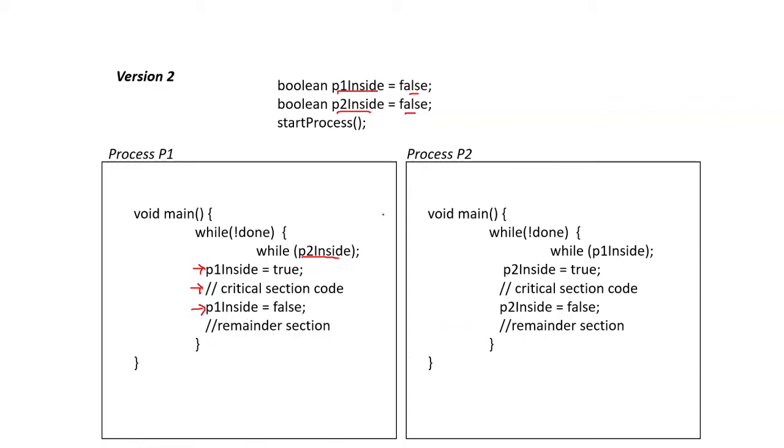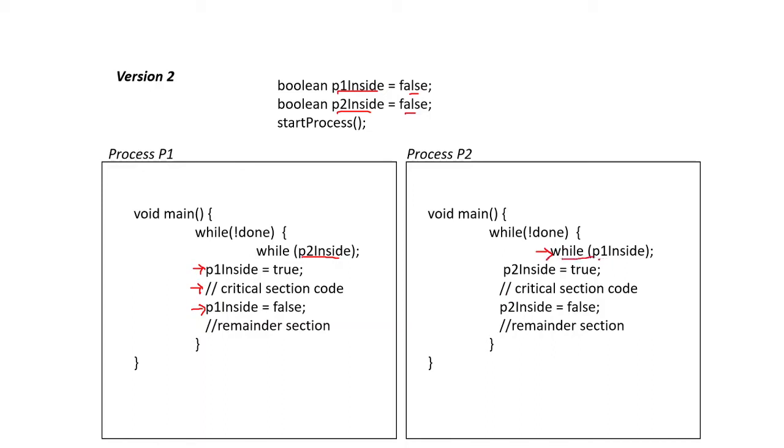Now, for example, if P2 is the first process to enter into the system. Again we consider that the boolean variables p1 inside and p2 inside are set to false. When P2 tries to enter into the critical section, it will first need to check if P1 is inside the critical section at this line of code.